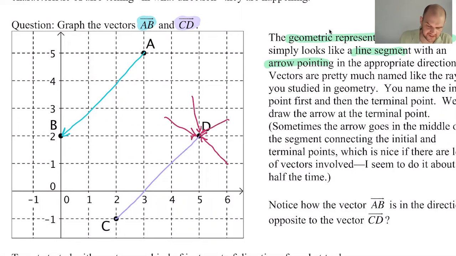So what we'll do instead, I gotta erase those. What we'll do instead sometimes, not always, but it's convenient, is to put the arrow in the middle. So you'll see that sometimes. I think it's more common to see it at the end, but this conveys the information, right?